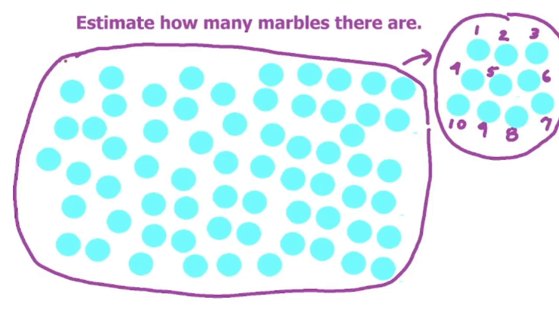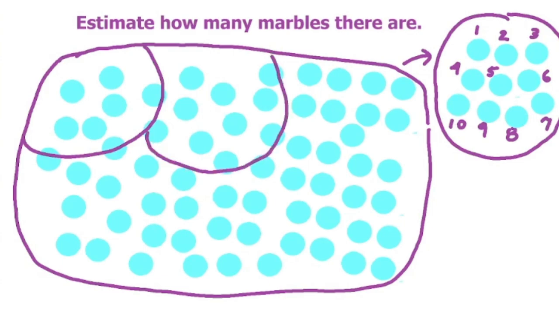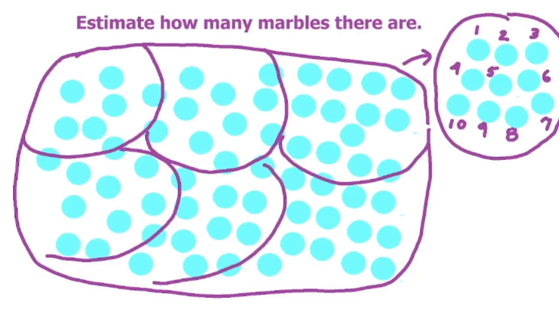So let's see if that's true. So we could cut this up into about the same size as this. And it doesn't have to be perfect, okay? Because we're just estimating here. So there's 1, there's 2, there's 3, there's 4, there's 5, and then there's 6.